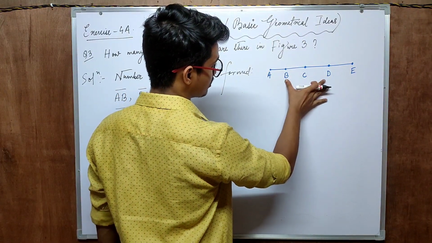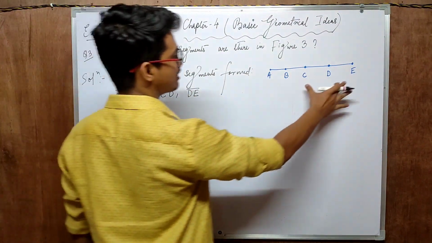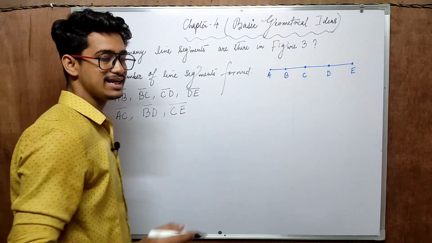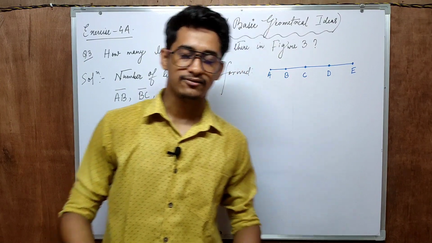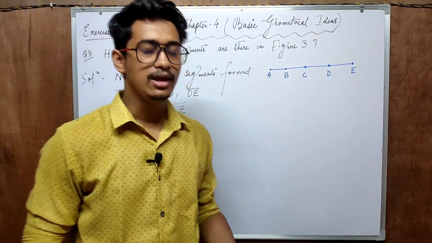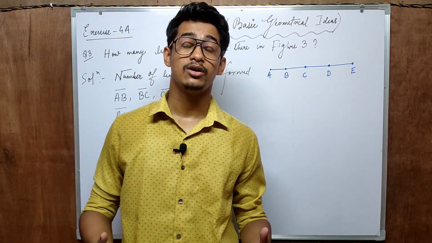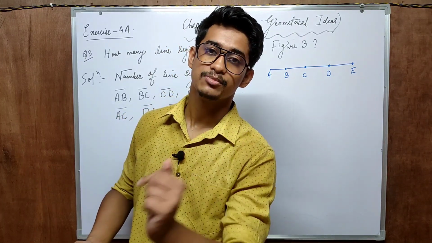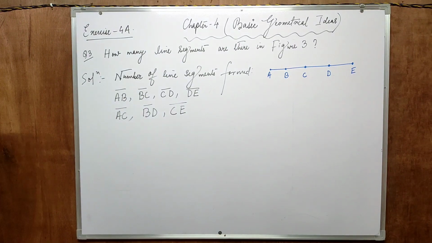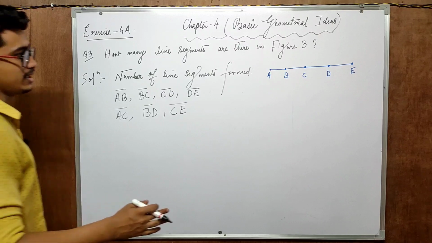Then BD, then CE. Make sure you maintain the order, because if you do it haphazardly, you may observe after finishing the work that some line segments were missing. So don't forget to maintain the order. Here CE will be the last part, and after that let's move on.